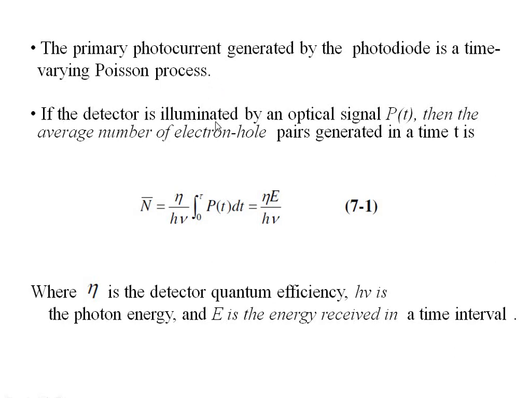If the detector is illuminated by an optical signal P of t, then the average number of electron hole pairs generated in a time tau is given by n-bar equals eta divided by h nu times the integral of P of t dt from 0 to tau, which is equal to eta E divided by h nu, where eta is the detector quantum efficiency, h nu is the photon energy, and E is the energy received in a time interval.